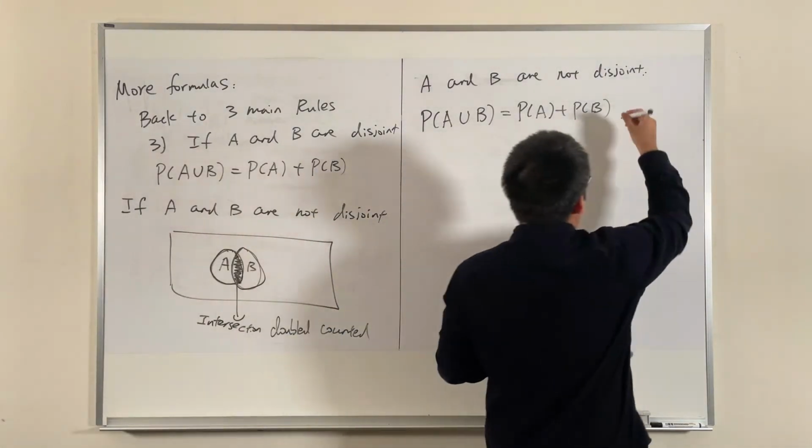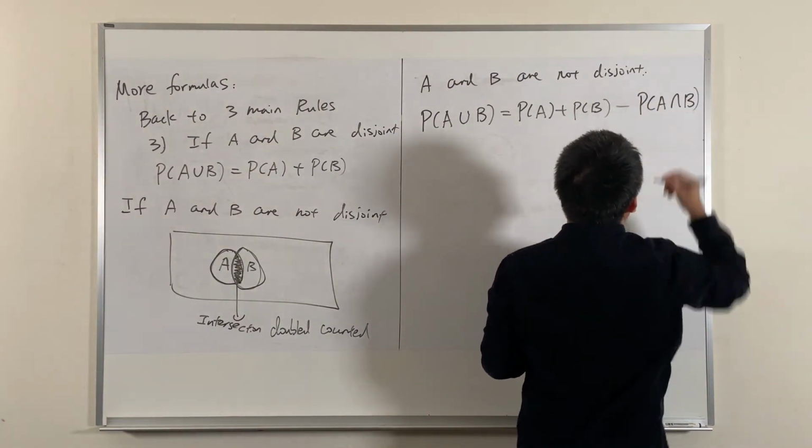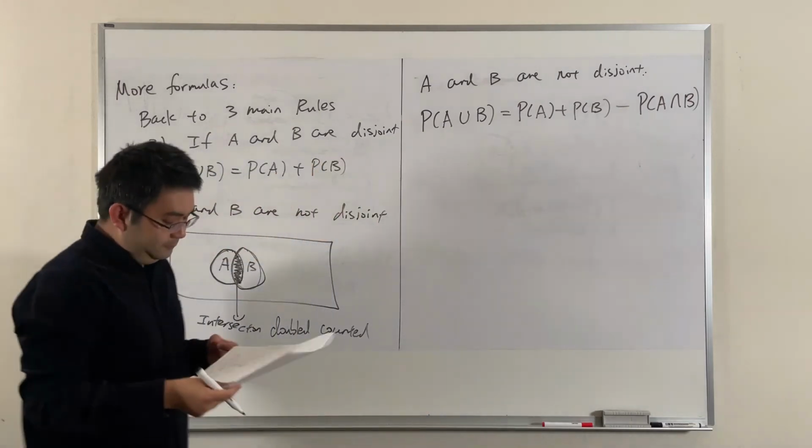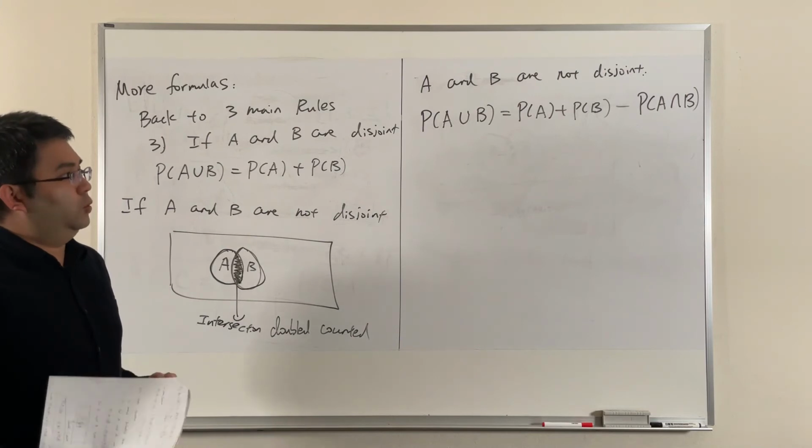Since it's been double counted, you're going to minus probability of A intersects B. And that's the formula for when A and B are not disjoint, right?